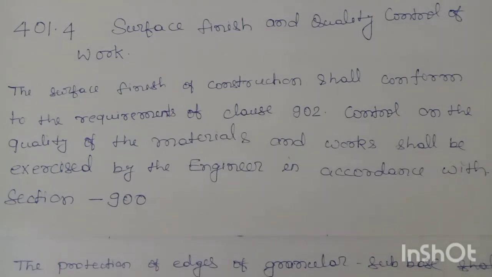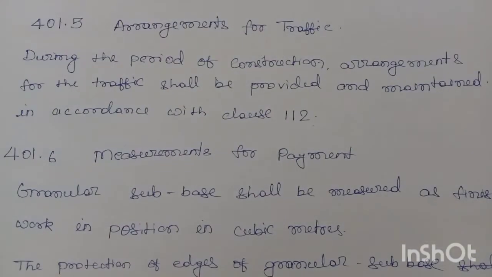Control on the quality of the material and work shall be exercised by the engineer in accordance with section 900. 401.5 Arrangements for traffic. During the period of construction, arrangements for the traffic shall be provided and maintained in accordance with clause 112.